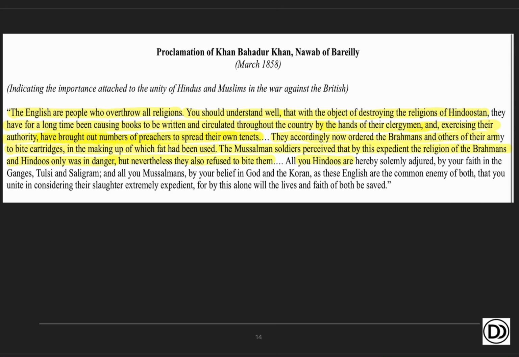So he calls the Hindus by their faith in Gangas, Tulsi, like Tulsidas and Saligram, and he also calls the Muslims by the belief in God and Quran, that these English are common enemy of both, that you should unite, considering their slaughter extremely expedient, extremely important, and should happen soon.